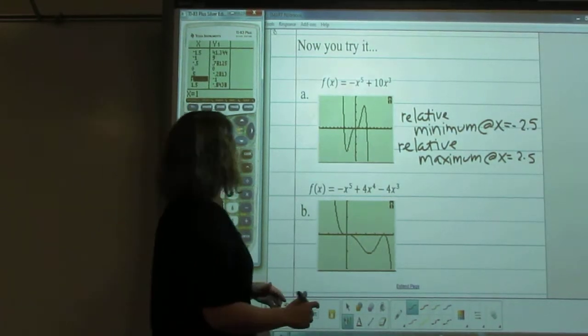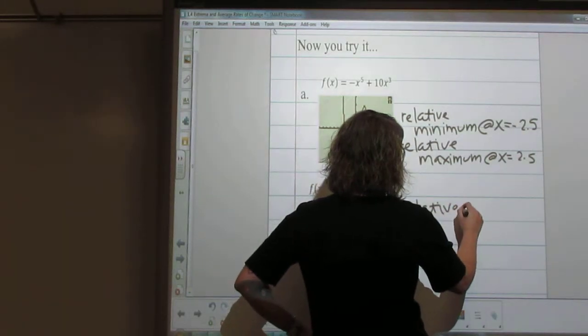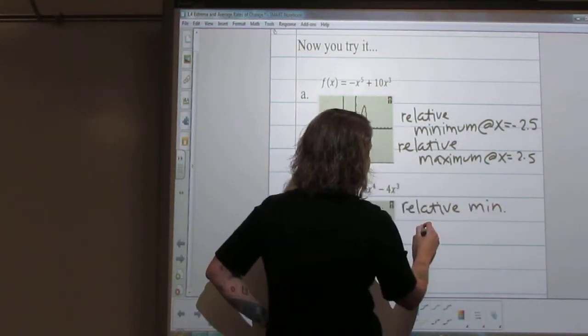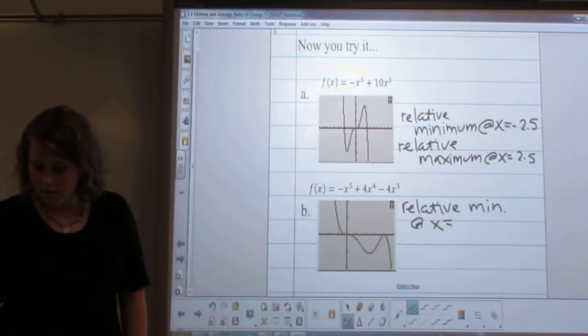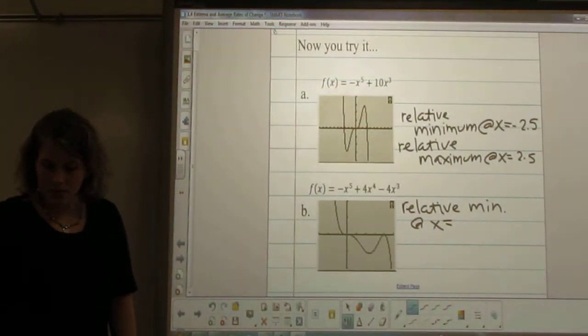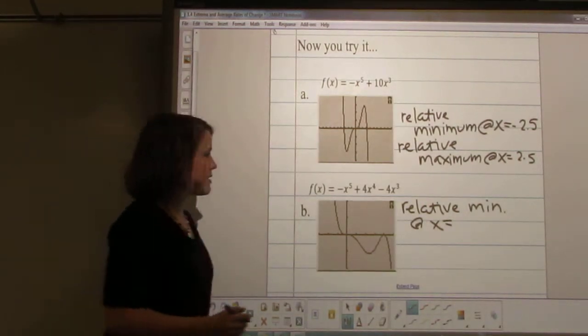So we can say we have a relative minimum at about x equals 1.